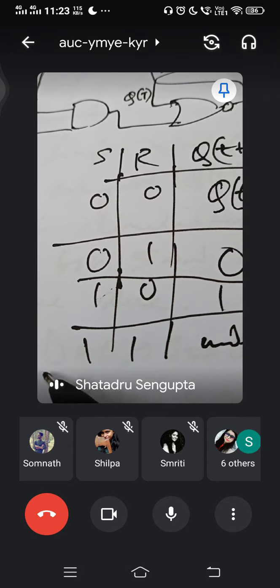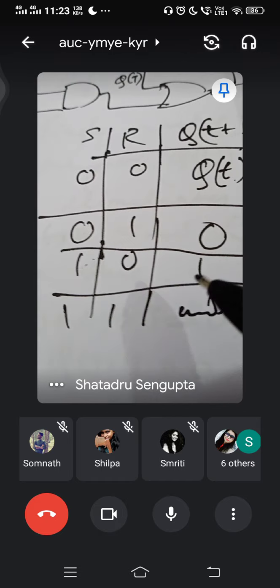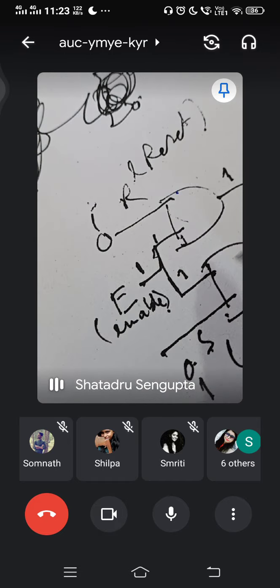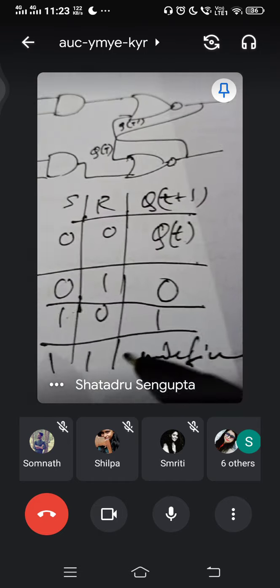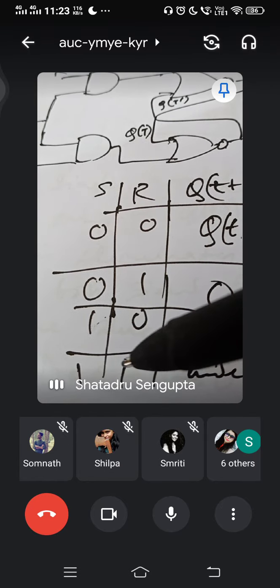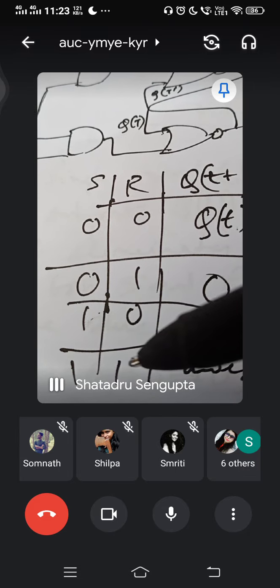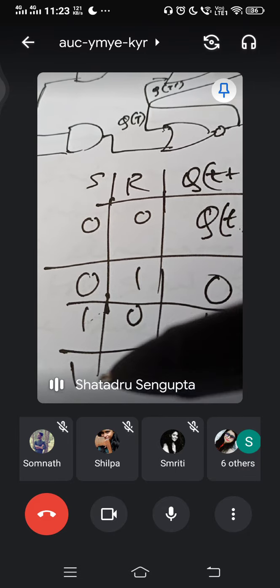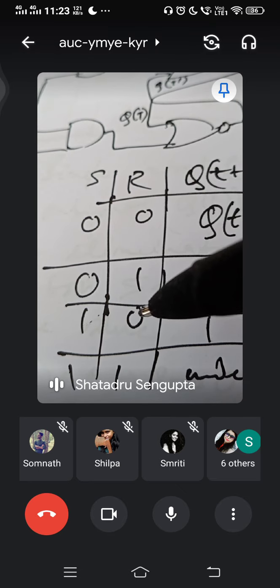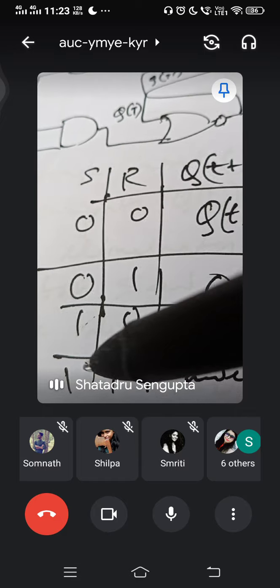On the other hand, if both of these are 1, it doesn't make any sense, so it is undefined. In fact, the circuit is built in such a way that if it is 1 and 1, it will be undefined. So how does it make sense? Well, because you either reset it or you set it. Reset means setting it to 0, and setting means setting it to 1. It is a binary value.